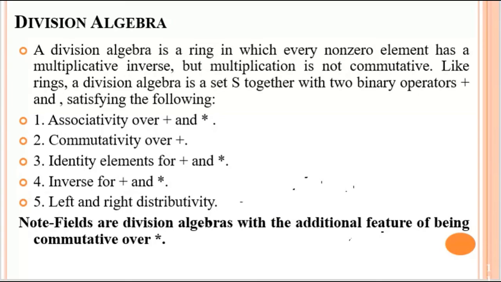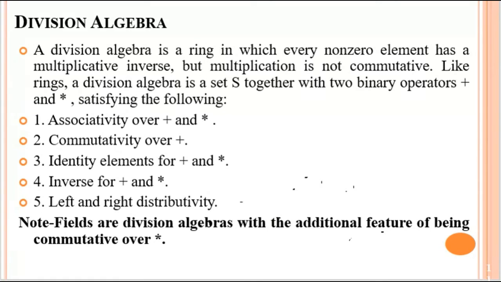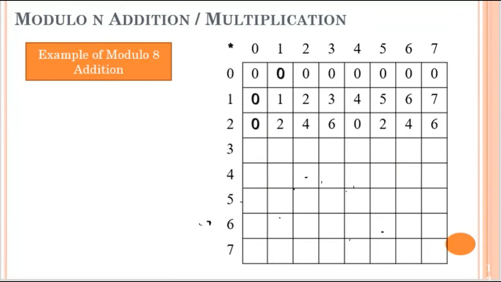Like a ring, a division algebra is a set S together with two binary operations, plus and multiplication, satisfying the following: associativity over addition and multiplication, commutativity over addition, identity element for addition and multiplication, inverse for addition and multiplication, left and right distributivity, and one most important thing: fields are division algebras with the additional feature of being commutative over multiplication.